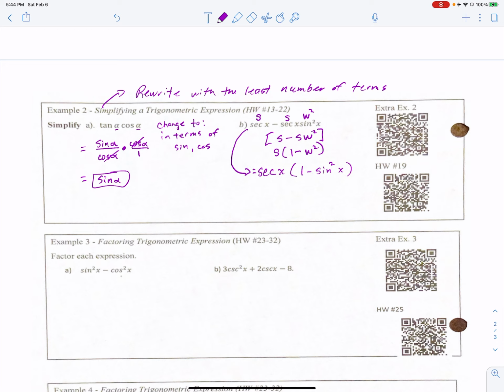When I see 1 minus sine squared x, I remember, oh, we had sine squared u plus cosine squared u equals 1. And if I solve that for cosine squared, it is 1 minus sine squared u.